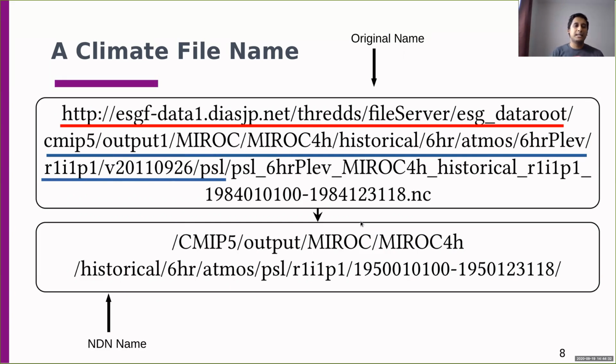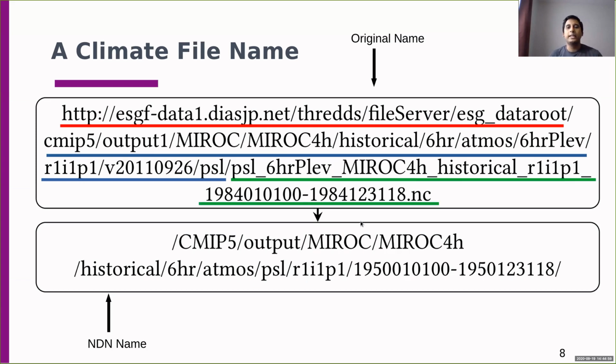So we have CMF5, which is the organization or the project that's generating the data. We have output 1, which is an activity within that organization that's creating the data. MIROC, which is the institute, followed by several other components that make sense for that particular community.